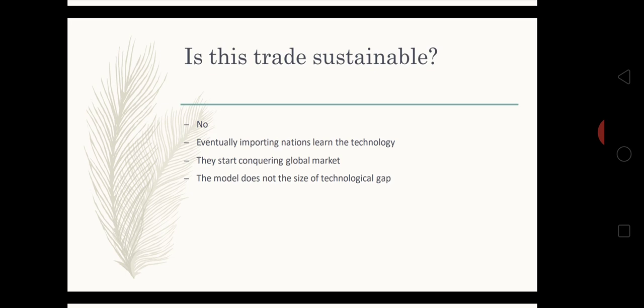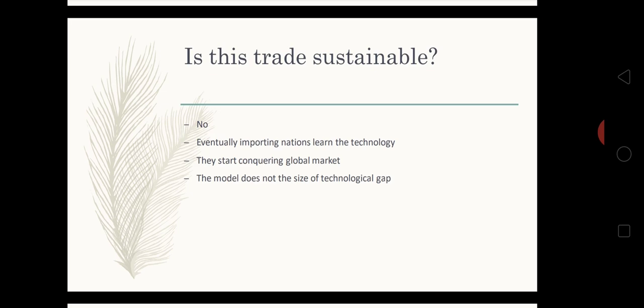For example, if the United States is an innovating country where a new production process was found, the United States starts exporting the commodity to India. So India is the importing country and the United States is the innovating country.